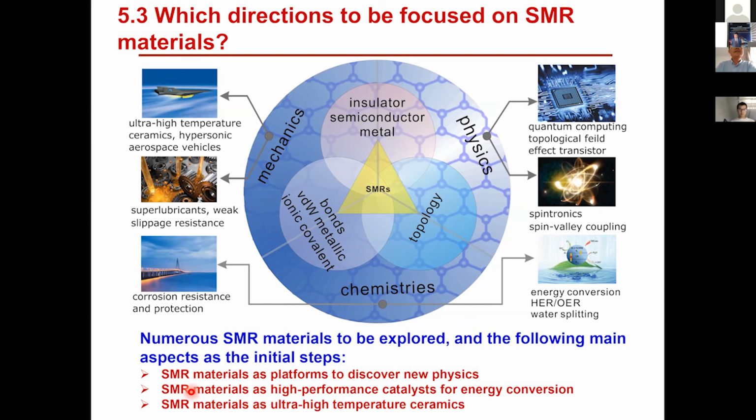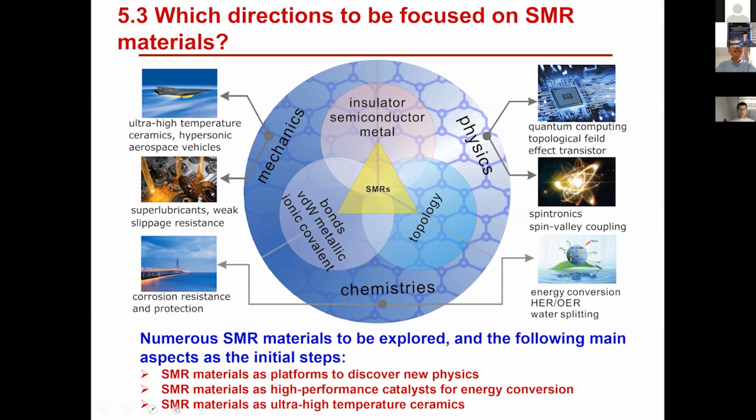The second is for practical application: we can find new six-member ring materials as high-performance catalysts for energy conversion. Clean energy is very important. However, we are still struggling to obtain high efficiency catalysts. Platinum is good, but platinum is not cost effective. So we need to find some new materials. We think six-member ring materials may be a good target.